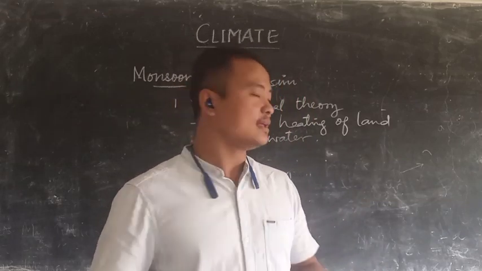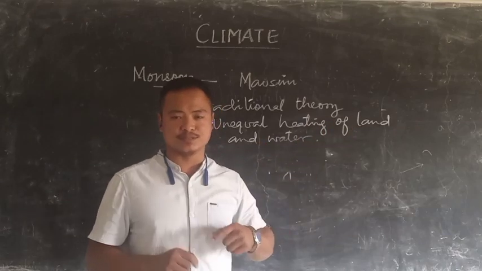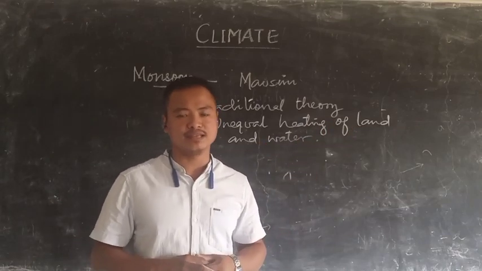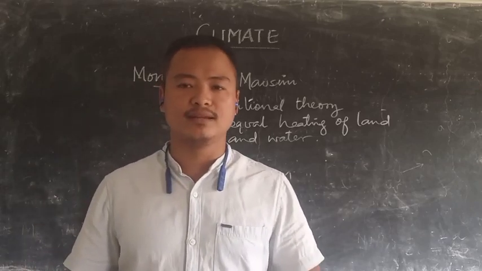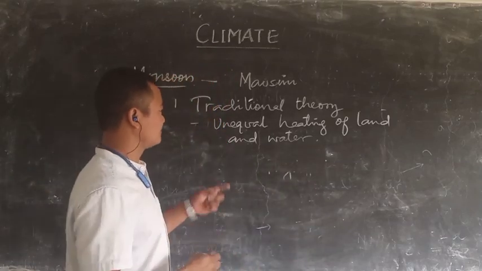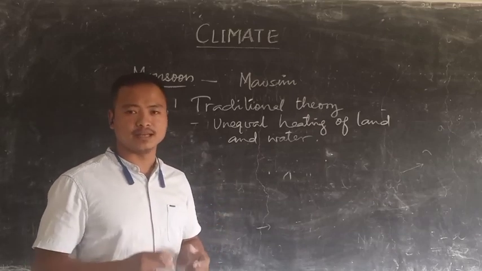So this is where the wind starts blowing from water bodies towards the land, because high pressure is formed over the water bodies. So this is how the traditional theory describes the formation of monsoon, because of unequal heating of land and water.